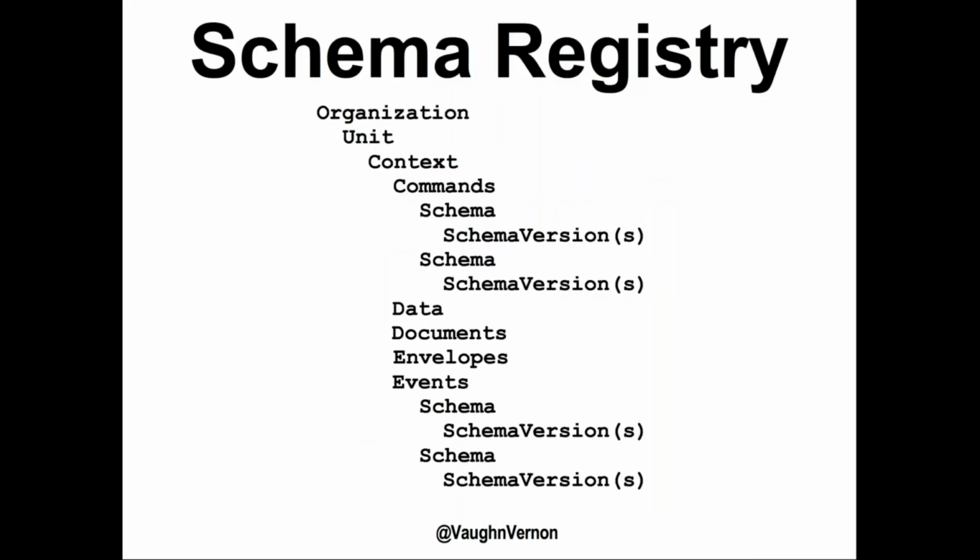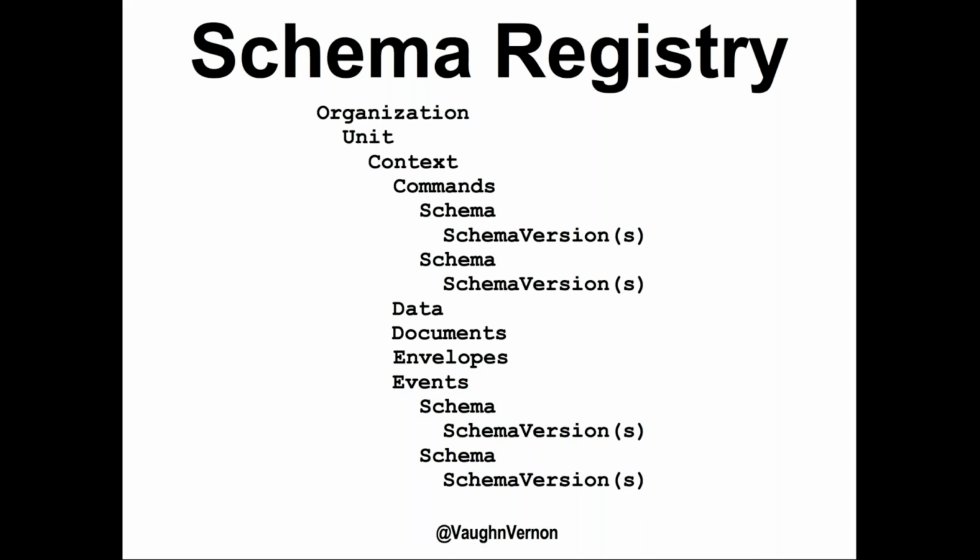So currently our schema registry has this structure. At the top level, you can define any number of organizations. Under an organization are any number of business units, and these can all have descriptive names, so you don't have to think in terms of a one-word organization or a one-word unit or even a one-word context. Under a unit can be various contexts, and this represents a microservice or a bounded context. And within that, you can define command schemas and data schemas.